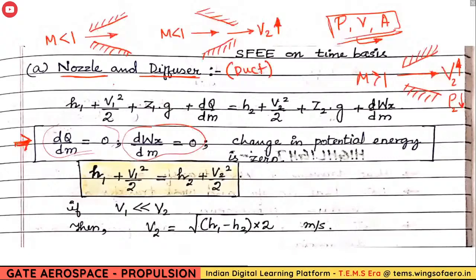Whether my slides are visible? Ma'am, are you drawing something? Yeah, I'm drawing. I'm able to see a convergent and then divergent nozzle there. It's not visible. I can see the slide, ma'am, but not the drawings in it.